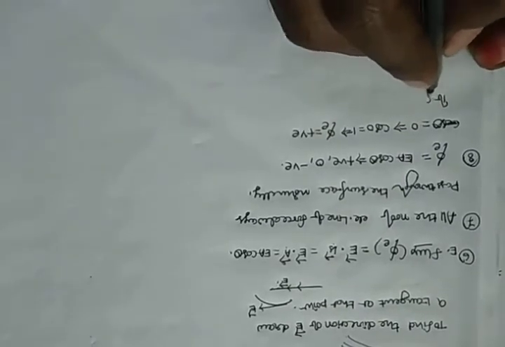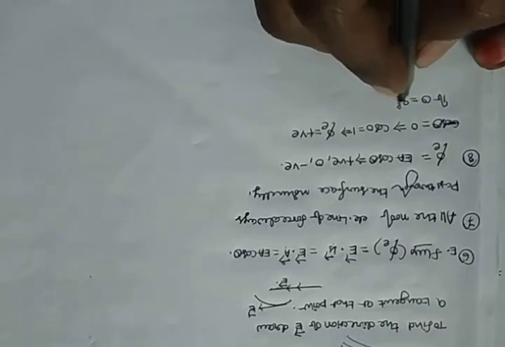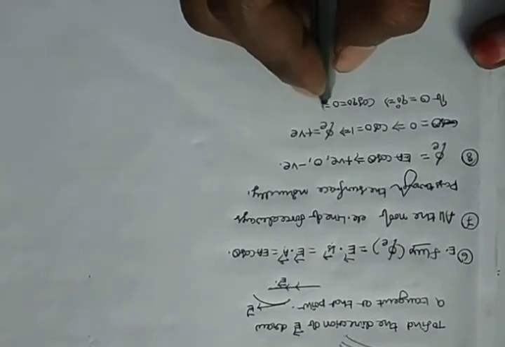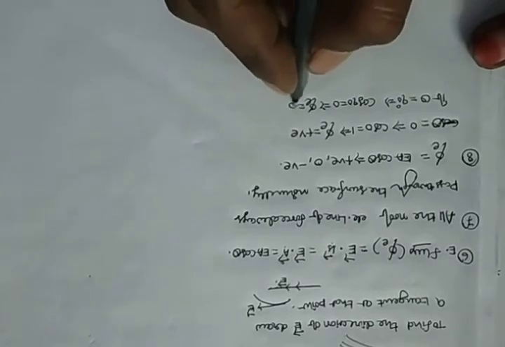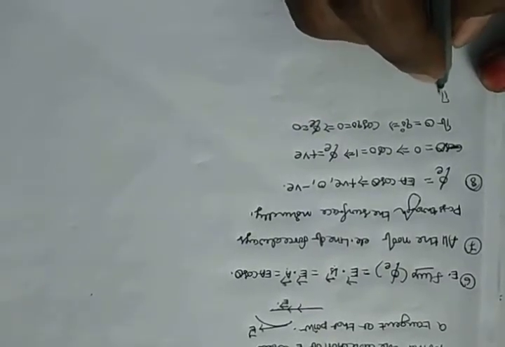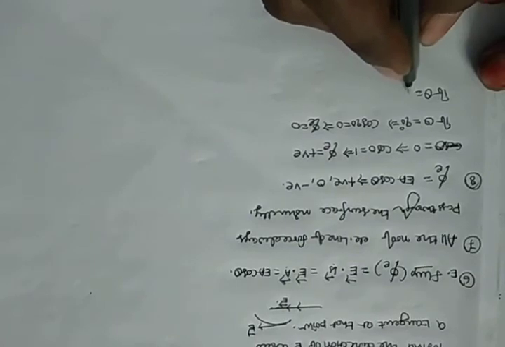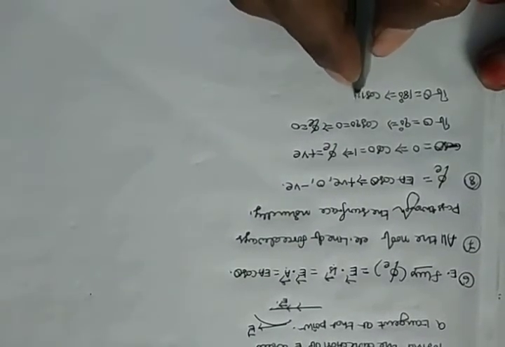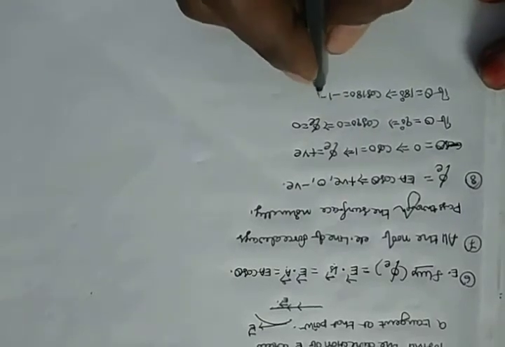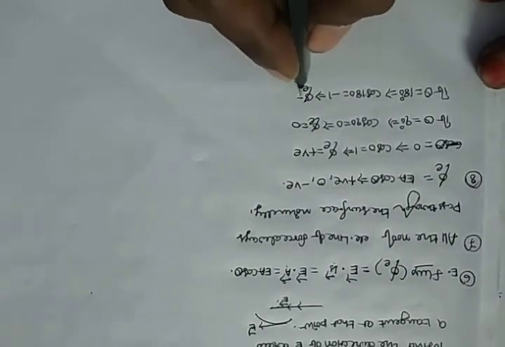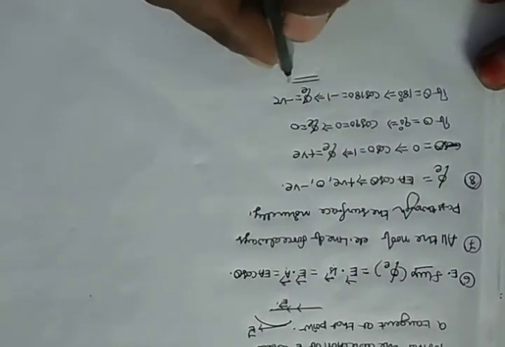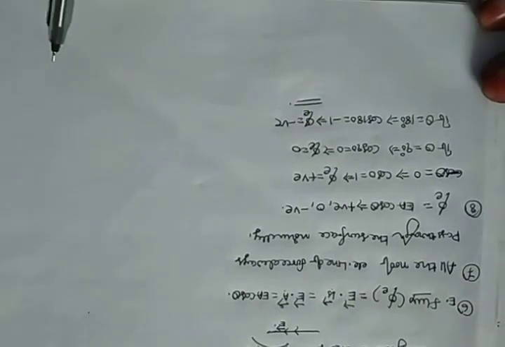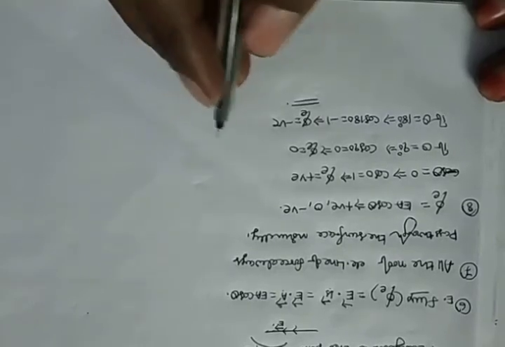If theta is 90, cos 90 is 0, phi E is 0. If theta is 180, cos 180 is minus 1, so phi E is negative. So there are three possibilities: flux positive, negative or zero.